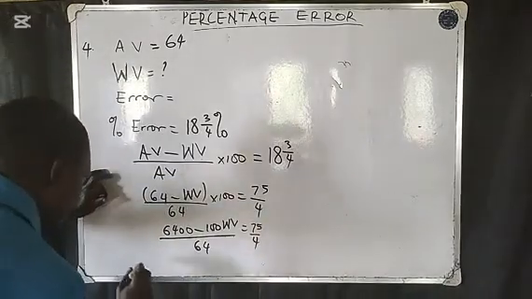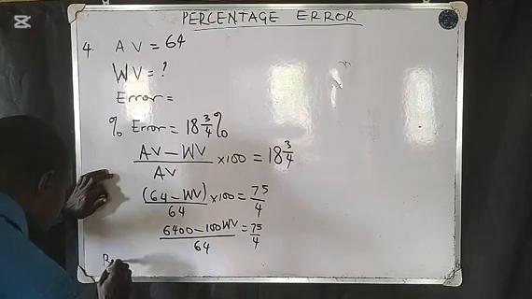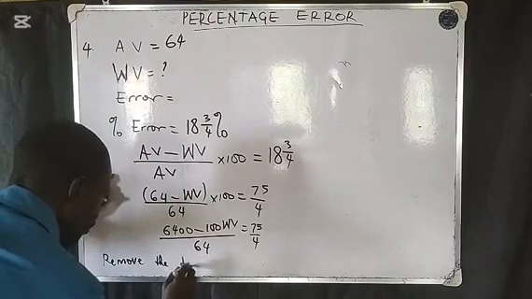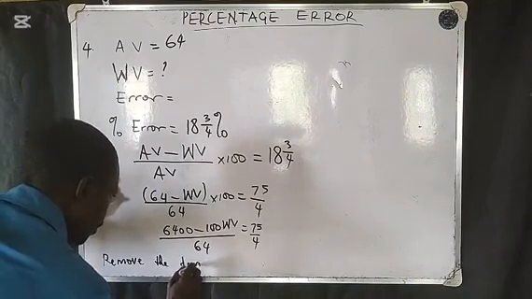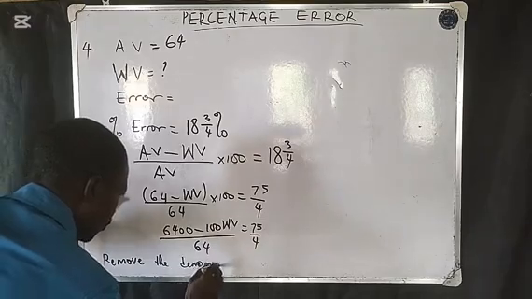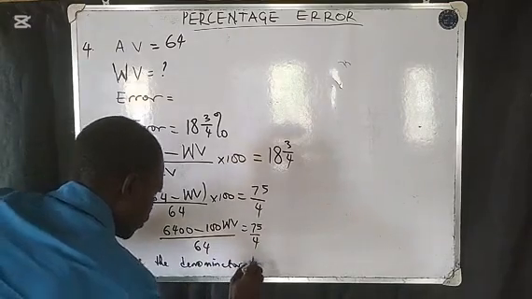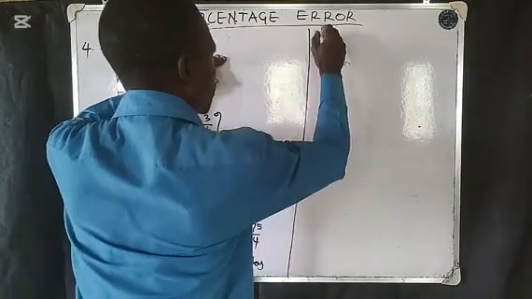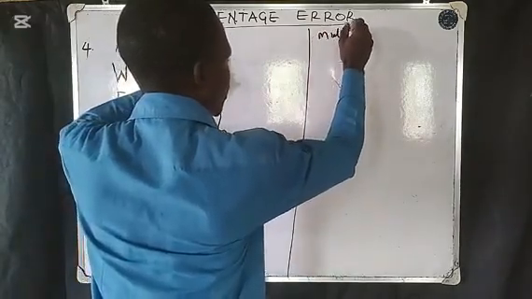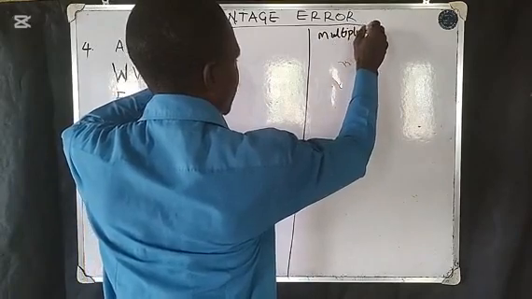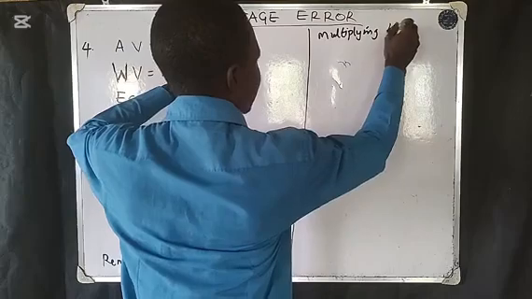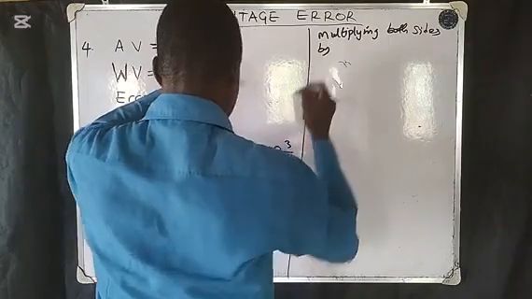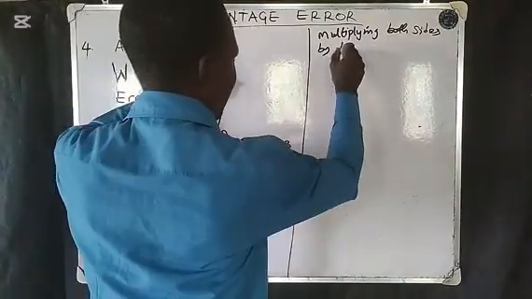So we remove the denominator by multiplying both sides by what? The LCM.